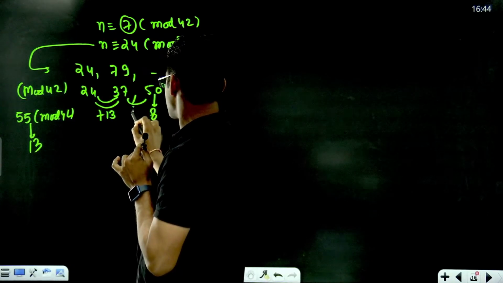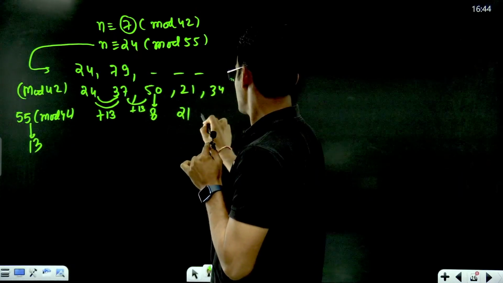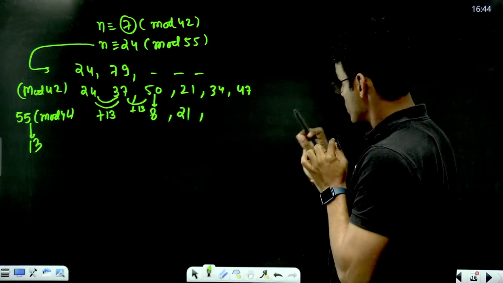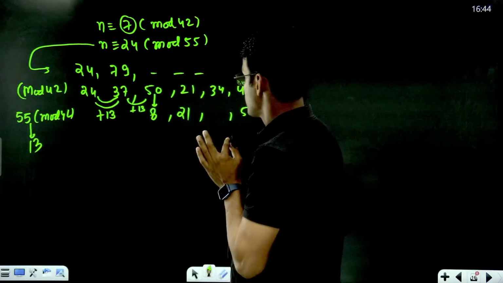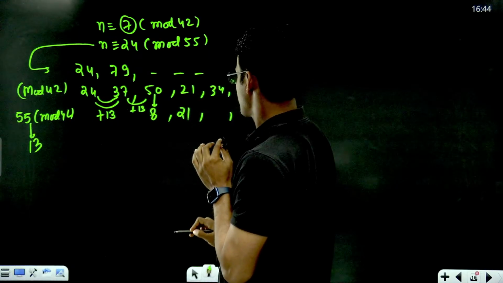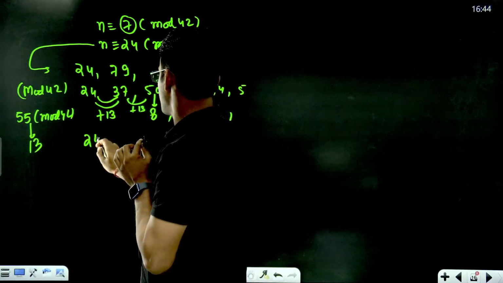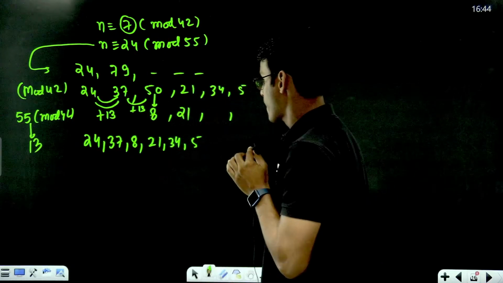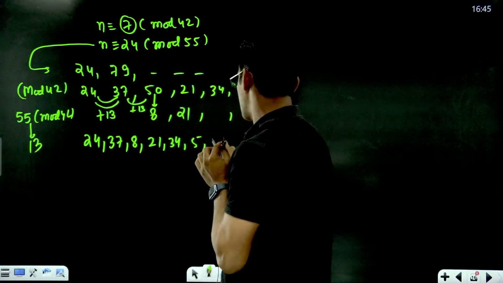I'm simply adding plus 30. What I'm doing here is, you'll just see the magic. I'm just recreating remainders here.